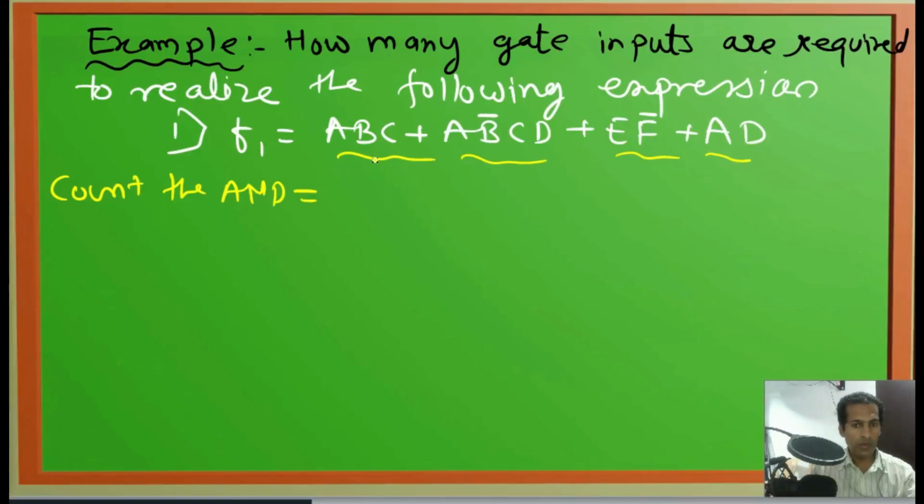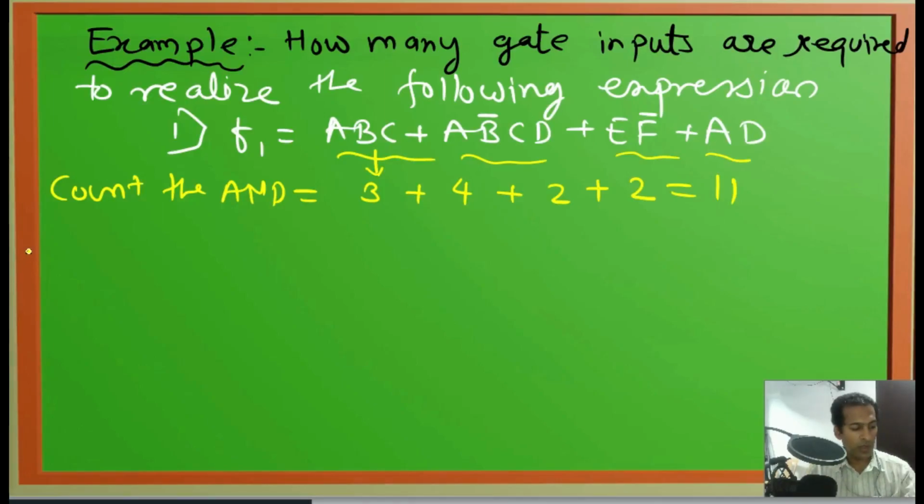For this term we have 3, plus for this one we need 4, for this we require 2, and for this we require 2. So in total we require 11 AND inputs.